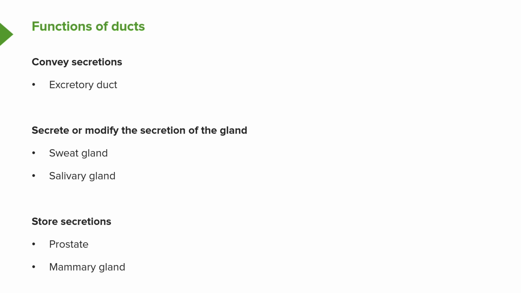Sometimes ducts store secretion. When we look at the prostate gland in the male reproductive system and also the mammary gland, we'll learn that when the secretion product is produced by the cell, it's often stored in the duct system until it's used or wanted.